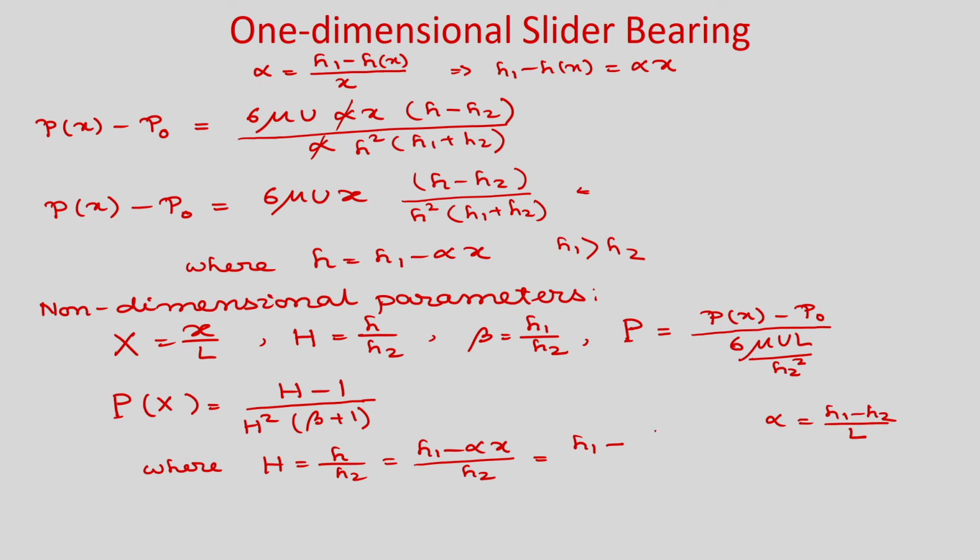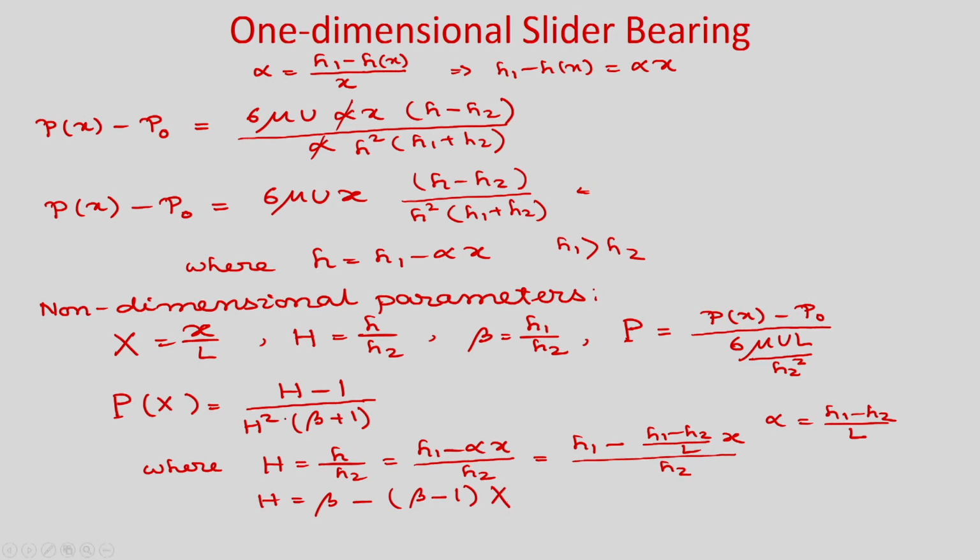So, if you put it here, you will get H1 minus H2 divided by L into x divided by H2. So, now if you divide by H2, then H you will get as H1 by H2, that is beta, minus here you get H1 by H2, that is also beta, minus 1, and x by L is x.